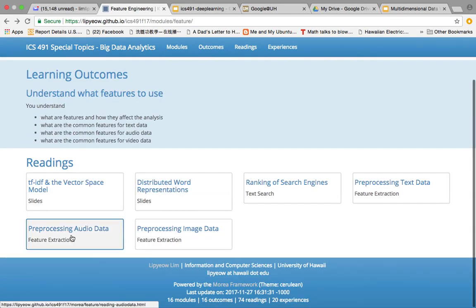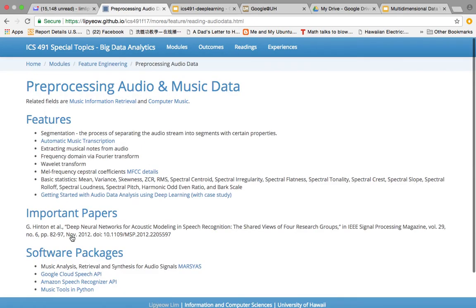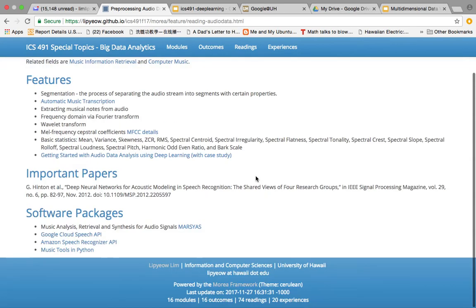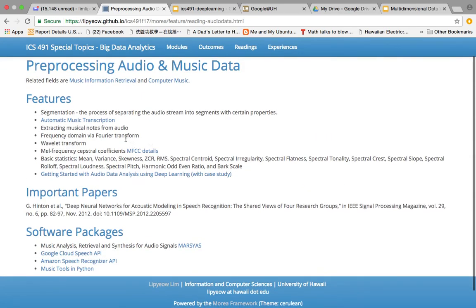I know last time somebody asked about audio data, and I do have a page there as well. There are different features. Like I said, the one that's most used right now is MFCC. It's almost the de facto audio feature used for voice recognition and whatnot.